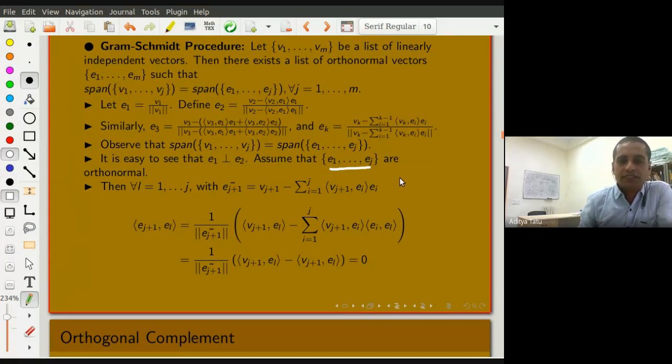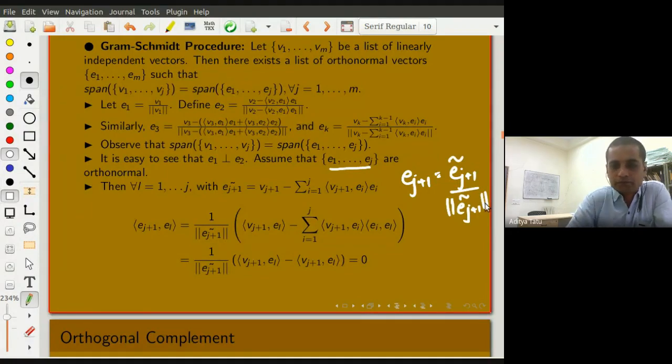EJ plus 1 is nothing but EJ plus 1 tilde divided by the norm of EJ plus 1 tilde. In order to show that this larger set with J plus 1 vectors is also orthonormal, since E1 to EJ are known to be orthonormal, all I have to do is show that the inner product of EJ plus 1 with any of the previous vectors EL, where L goes from 1 to J, is 0.